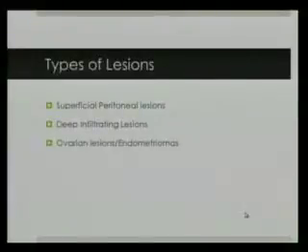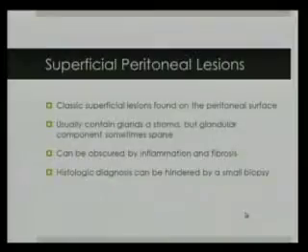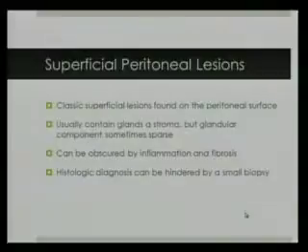So we'll talk about the different types of lesions in endometriosis. There's superficial peritoneal lesions, deep infiltrating lesions, and ovarian lesions or endometriomas. So the superficial peritoneal lesions are the classic lesions of endometriosis. They are found on the peritoneal surface.